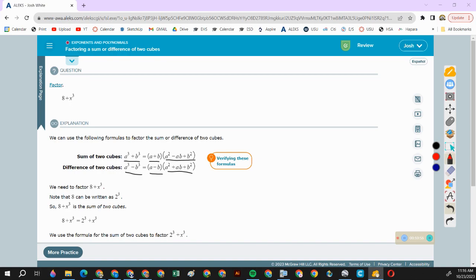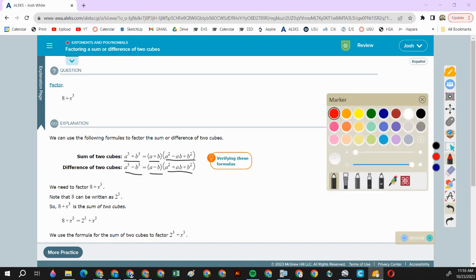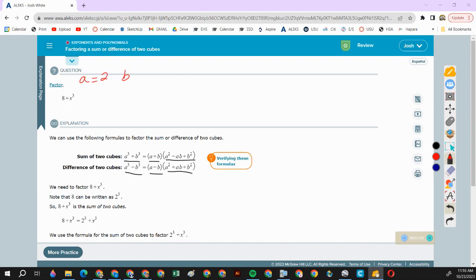Okay, so this one, a is 2 and b is x. So it would be 2 plus x, and then 2 squared is 4 minus 2x plus x squared. Because it's a to the third plus b to the third. So that would be 2 to the third plus x to the third.